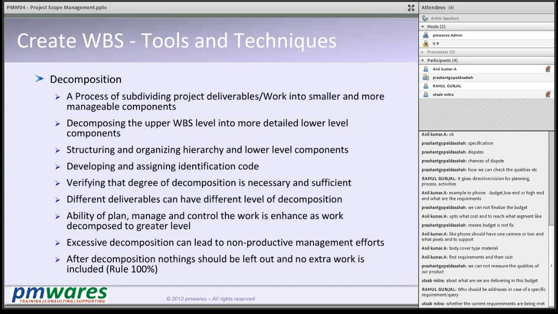So what is important in decomposition? We should do the decomposition which is necessary and sufficient. Too much decomposition can create problems or increase the overhead. Too high decomposition, too low decomposition, both are problems. So we have to create a balance.